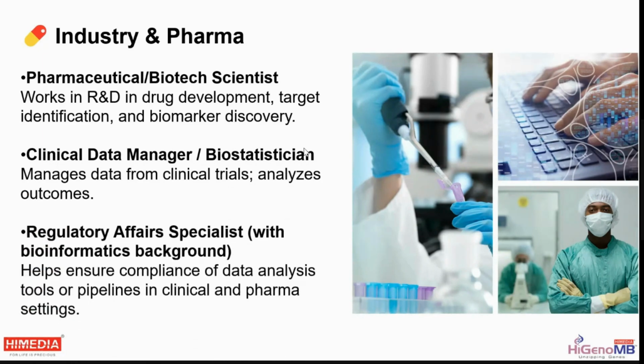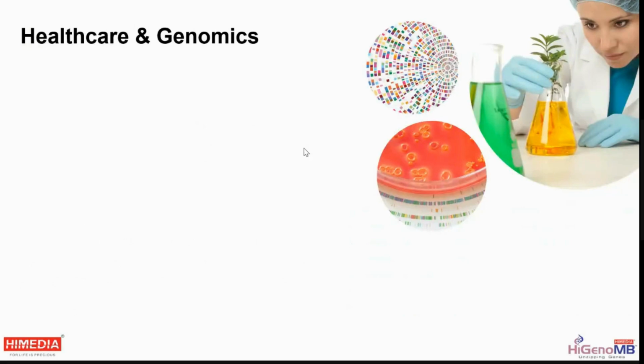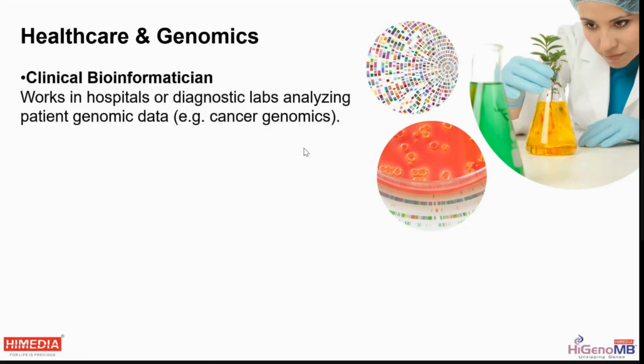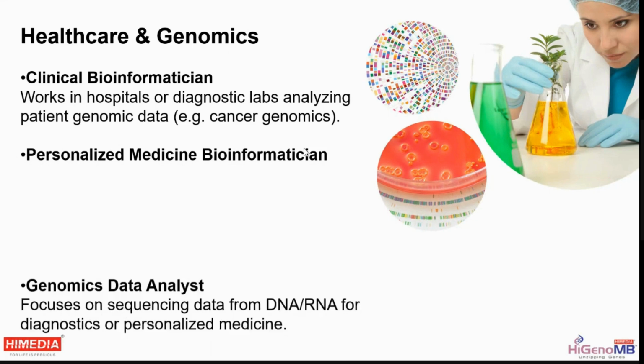Also, you can become a regulatory affairs specialist. Everywhere, bioinformaticians are required to analyze the data generated by the different industries and pharmaceutical industries. Another choice is becoming part of healthcare or genomics, where you can become a clinical bioinformatician. You can become a personalized medicine developer, or a bioinformatician who analyzes data to suggest personalized medicines.